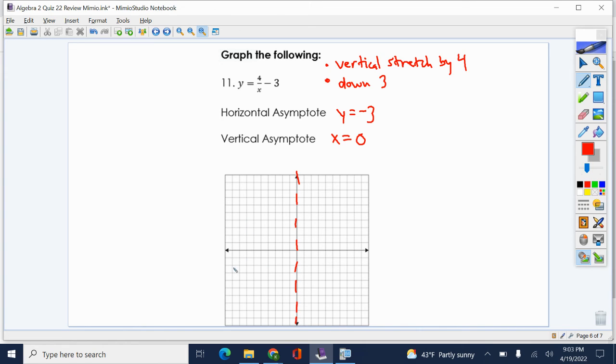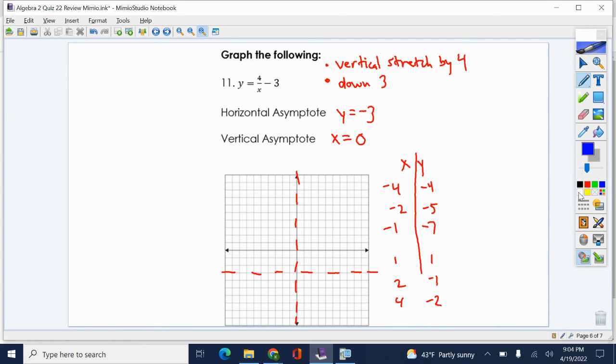Y is -3, 1, 2, 3. Points that I chose to use: -4, -4, -2, -5. I found these on the calculator. -1, -7. Then 1, 1, 2, -1, 4, -2.